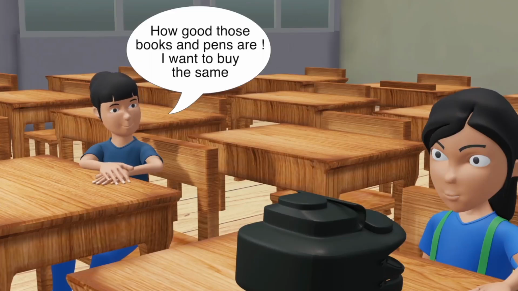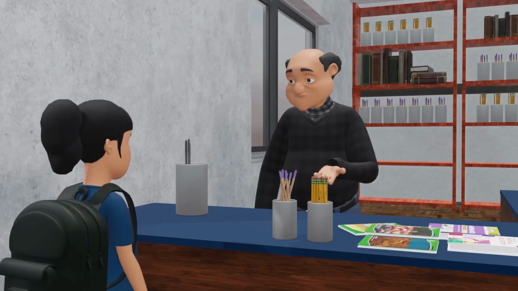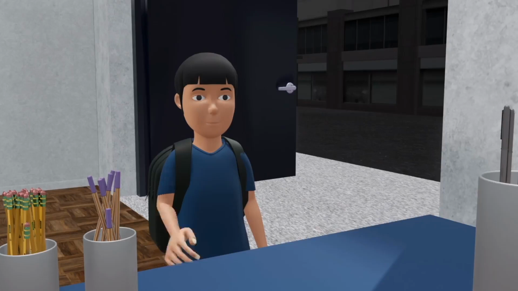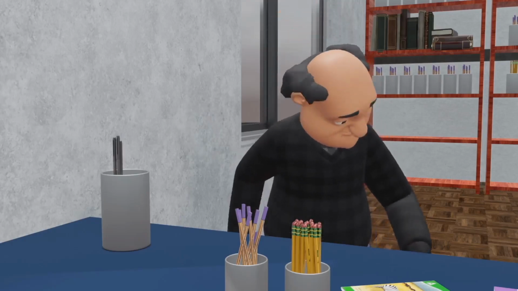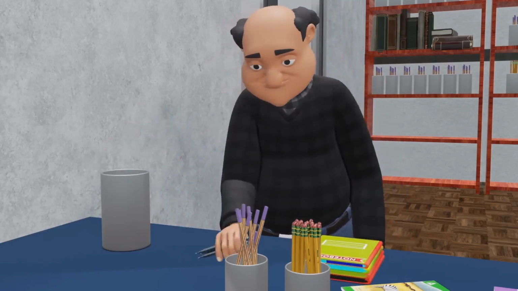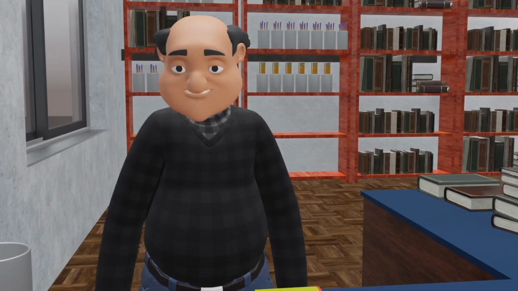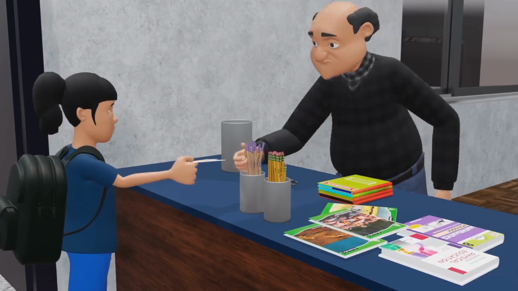How good those books and pens are. I want to buy the same. How can I help you? I need 4 notebooks and 3 pens. Okay, I will give. How much they cost? 110 rupees. Okay, take this.